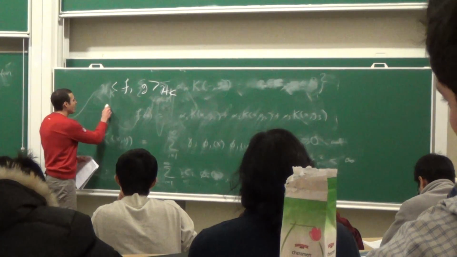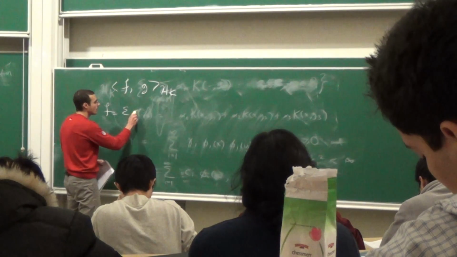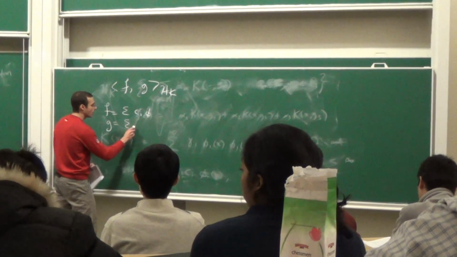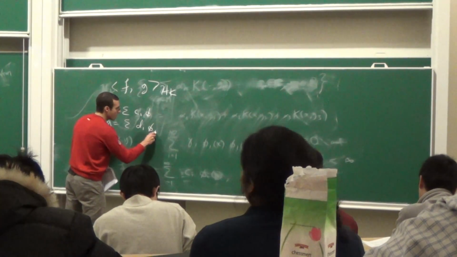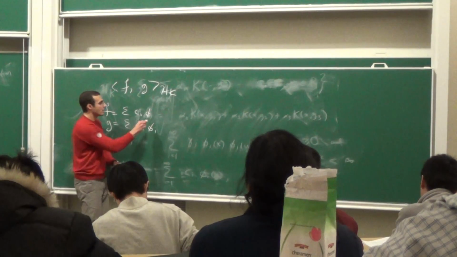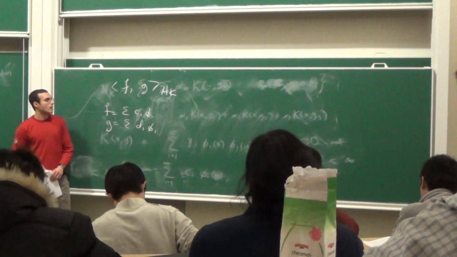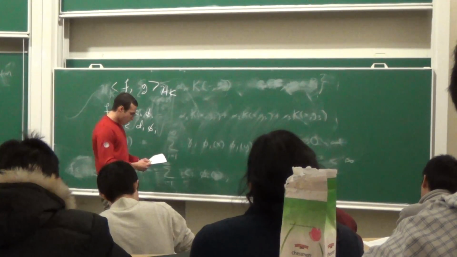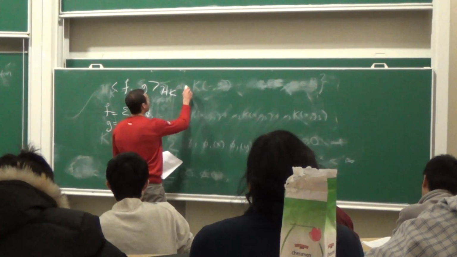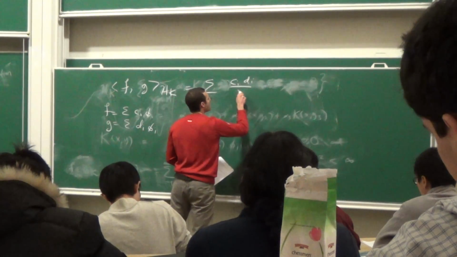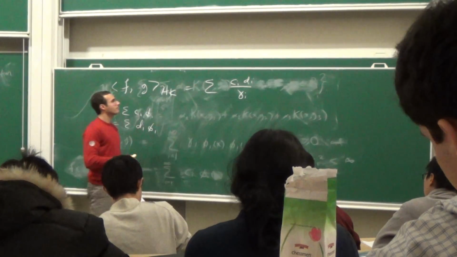And so if I have f, which has this expansion, and if I have g, which has this expansion, right, so f is this linear combination of the eigenfunctions, g is that one, with different c_i's and d_i's. I'm going to define their inner product as follows. I'm just going to take c_i times d_i over gamma_i, summed from 1.